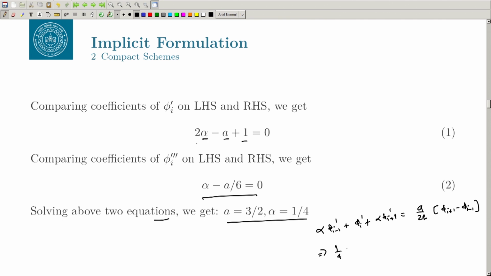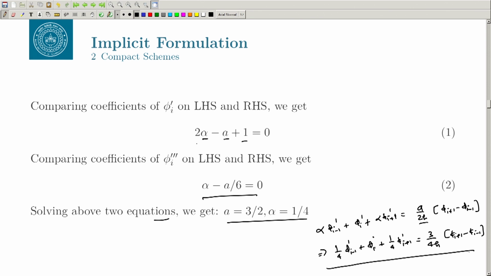So, 1 by 4 phi I minus 1 prime, these are symmetric on both sides, so it does not matter, plus phi I prime plus 1 by 4 phi I plus 1 prime will be, a is equal to 3 by 2, so this will become 3 by 4h times phi I plus 1 minus phi I minus 1.